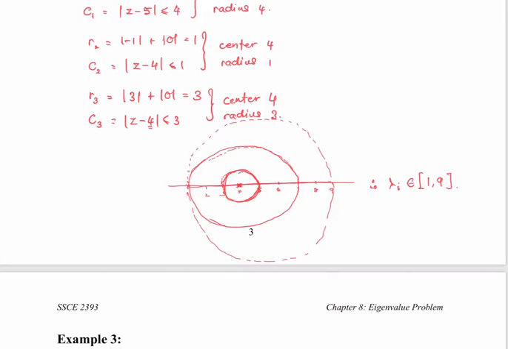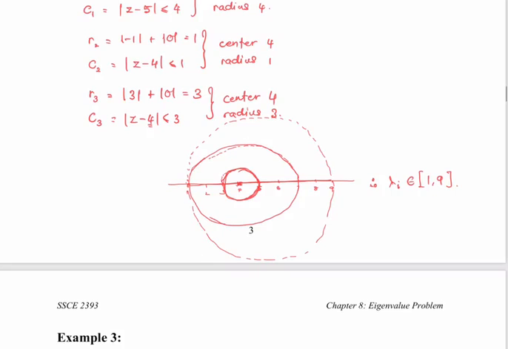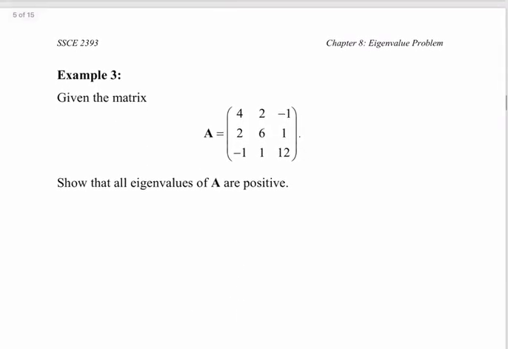It must be in the circle from the Gershgorin theorem. So this is how we determine or identify the values or the position of the eigenvalues of the given symmetric matrix. So now let's look at example 3.